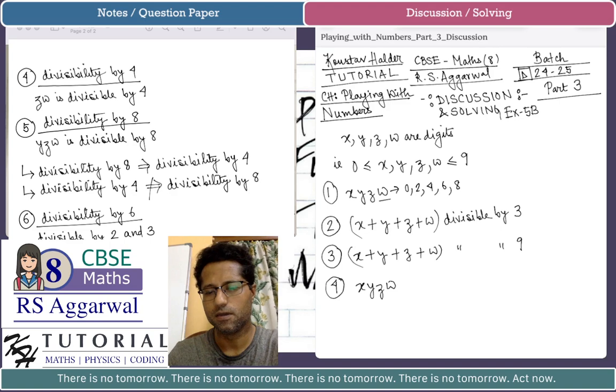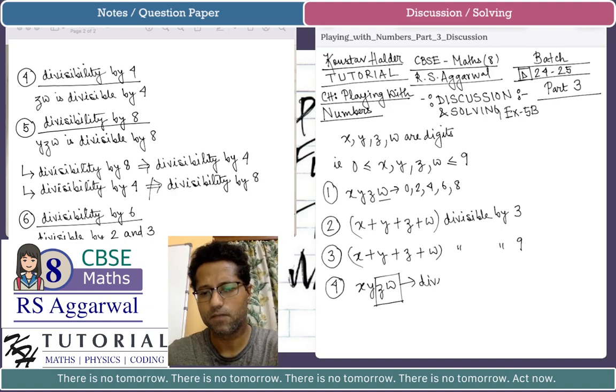This number could be 5 digit, 6 digit, whatever. The last two digits, the number formed by the last 2 digits, that is zw, must be divisible by 4. Then only the whole number, that is x, y, z, w, will be divisible by 4.